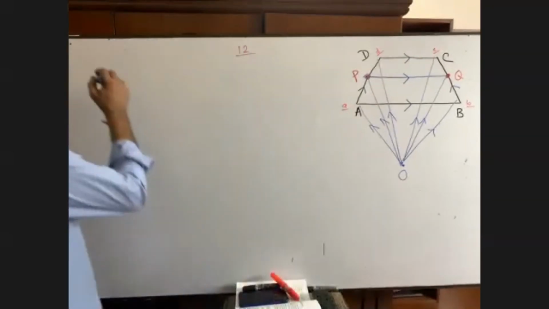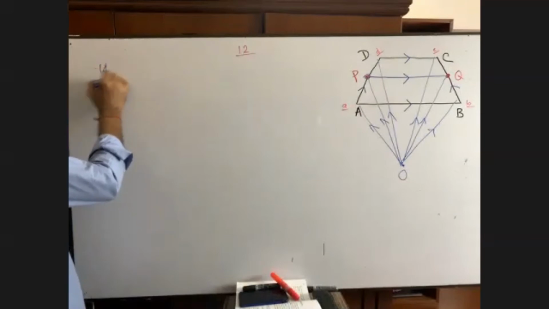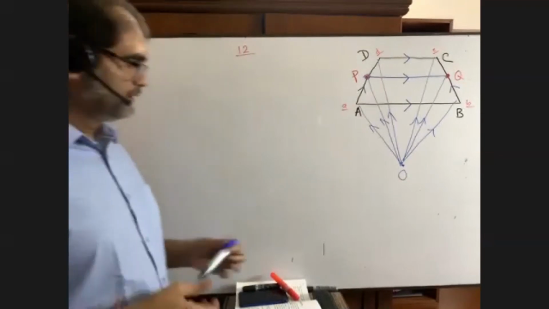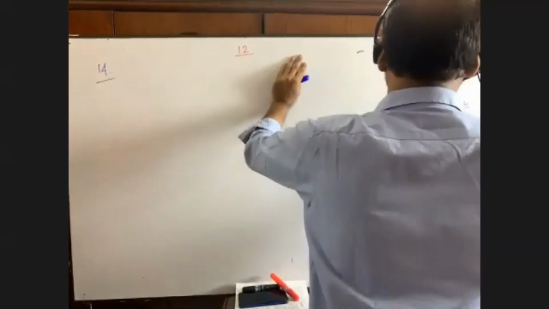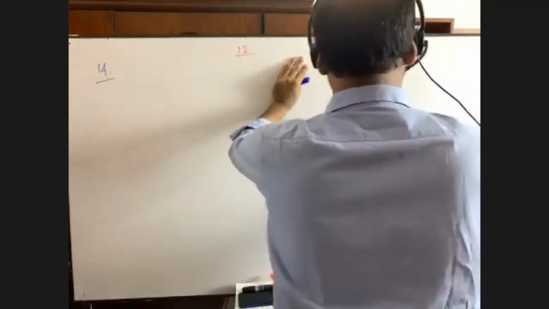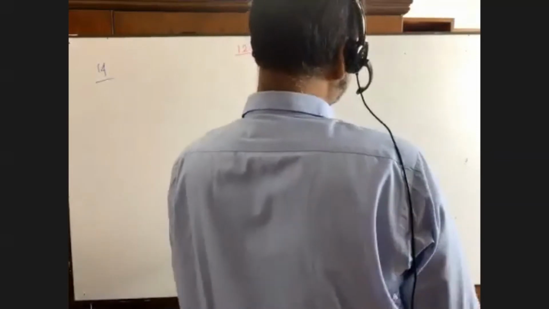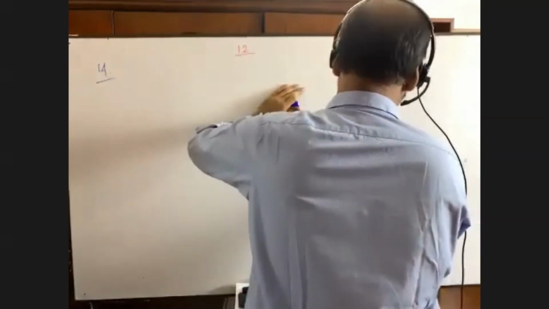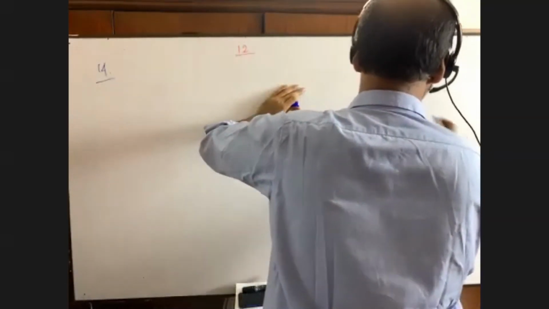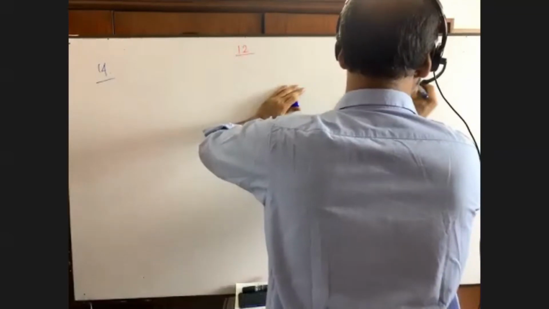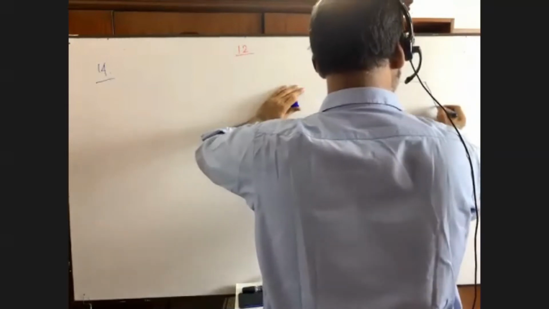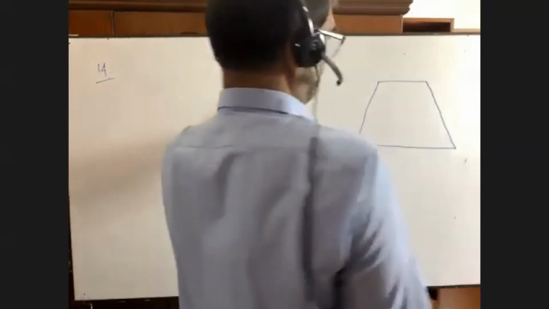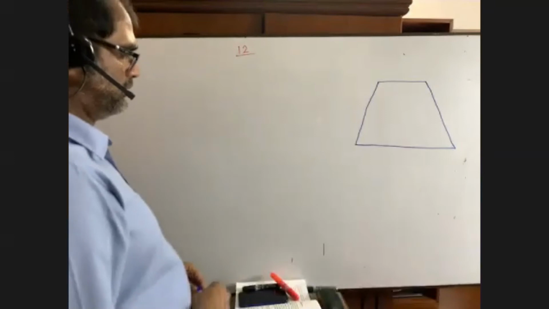Question number 14. Almost same math, but you read it properly. Attention is needed to read the question. Read the question. In this way, a trapezium is to be drawn.